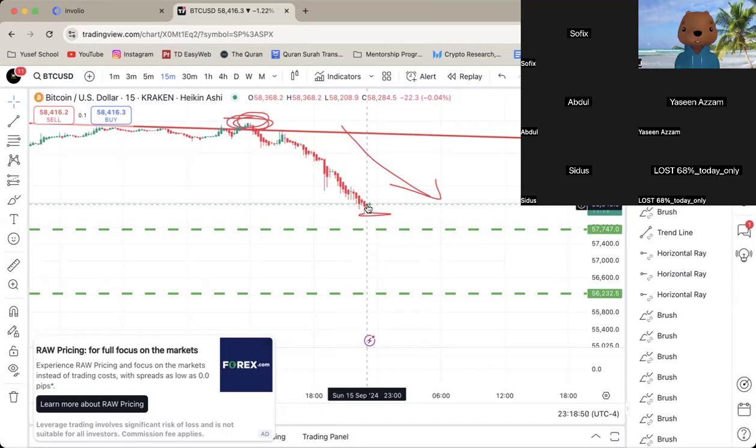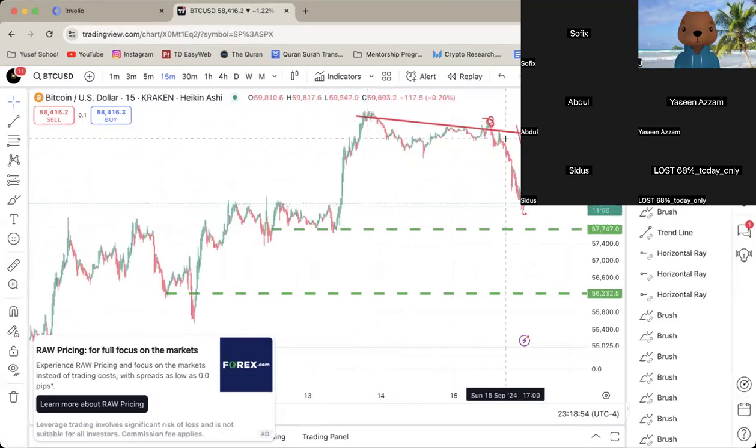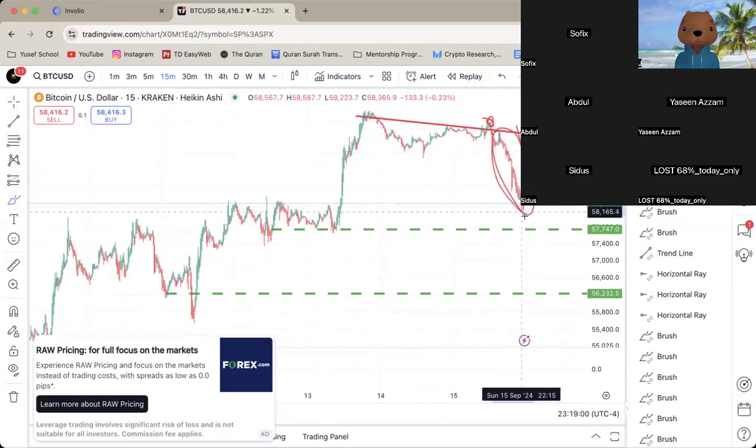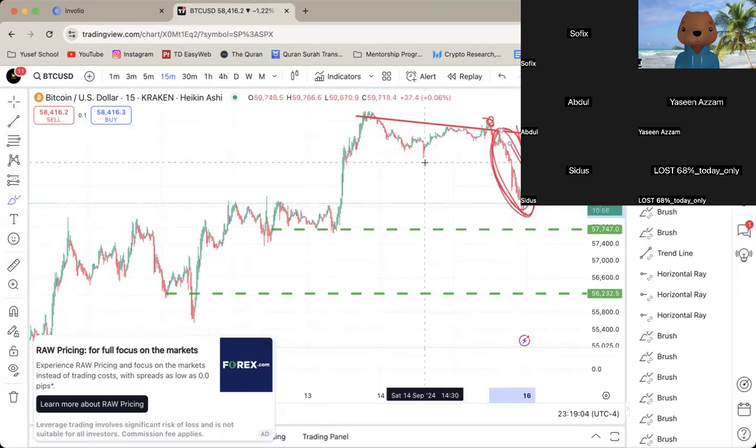So this is the average wavelength from resistance right now. Very, very strong. This is actually insane, right? That means we're extremely volatile on the 15-minute.